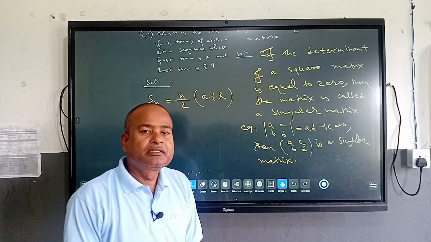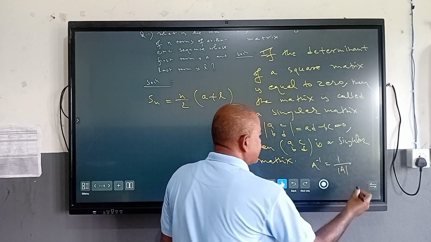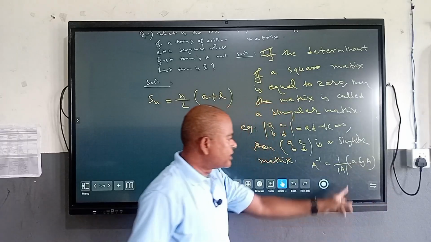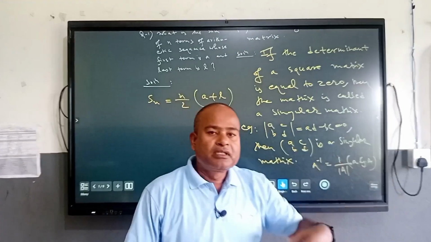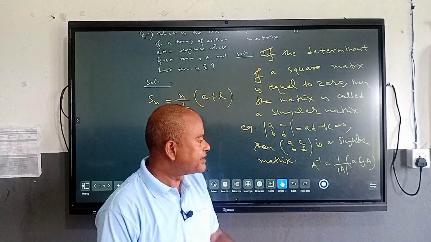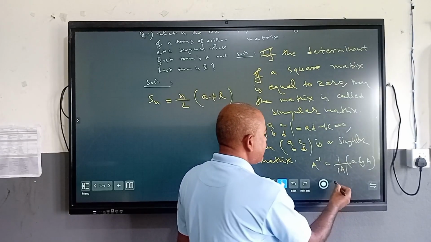Dear students, A inverse is equal to 1 by determinant of A times adjoint of A. So if the determinant of A is 0, that means the given matrix is a singular matrix, then A inverse does not exist.